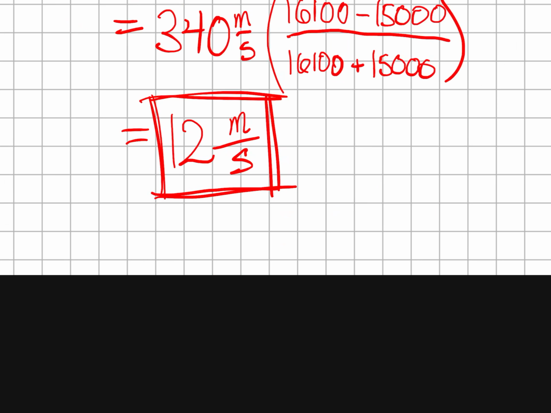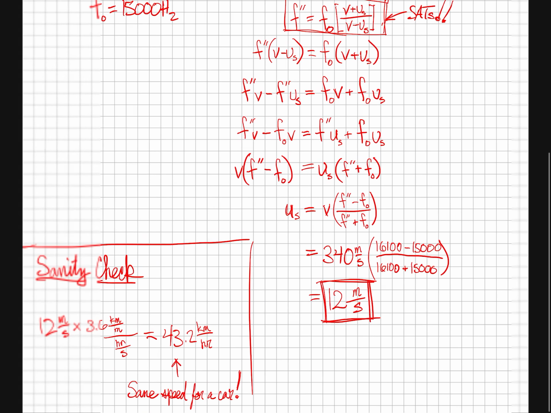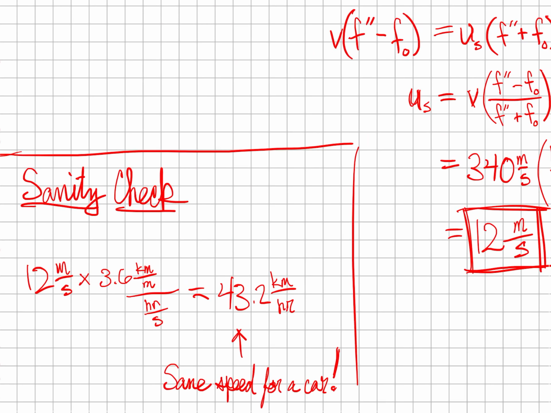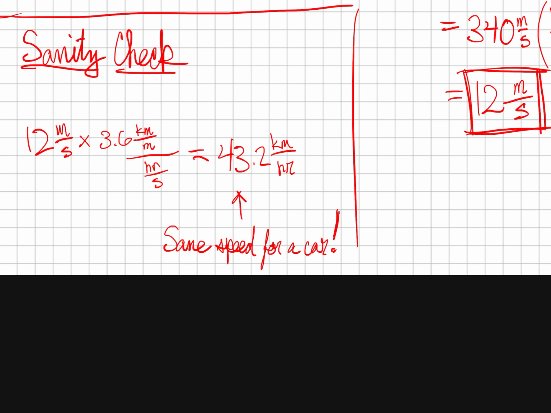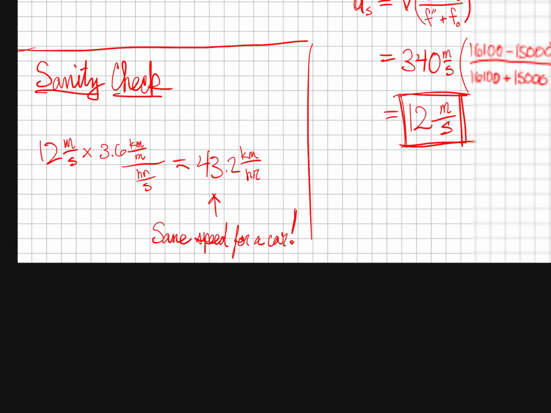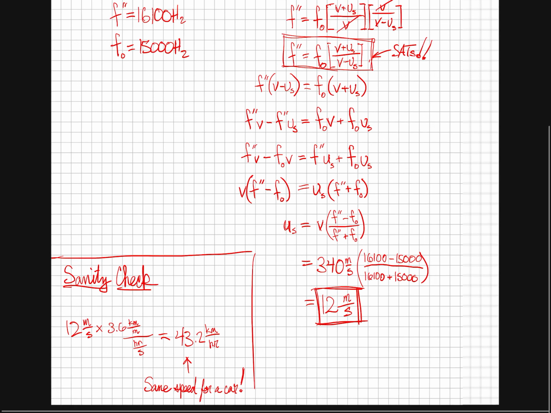So if you got a really big number here, you'd want to check your math or make sure that it's something that should be moving at a very high velocity. So here I do a sanity check, and I convert meters per second to kilometers per hour, and I get 43.2 kilometers per hour, which is a reasonable speed for a car. That's not crazy.